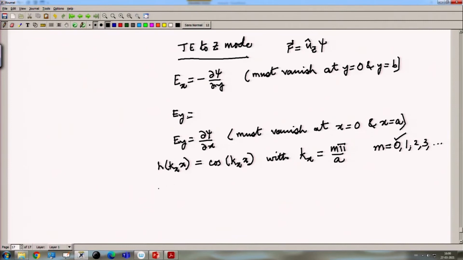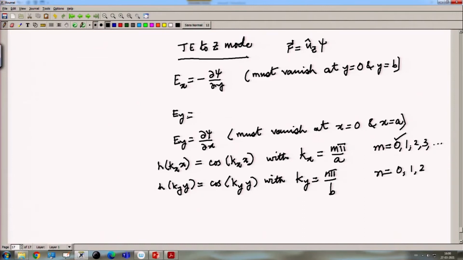And h k y y will be given by cos k y y with k y as n pi by b with n equal to 0, 1, 2, 3 and so on.